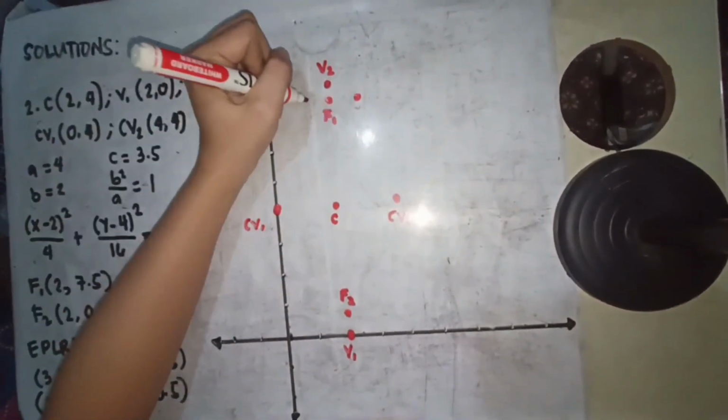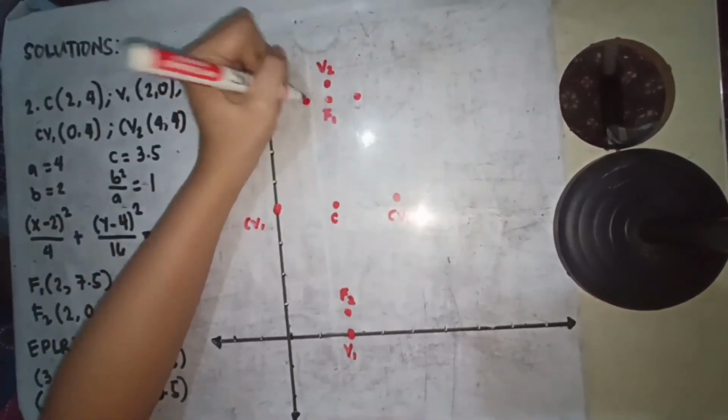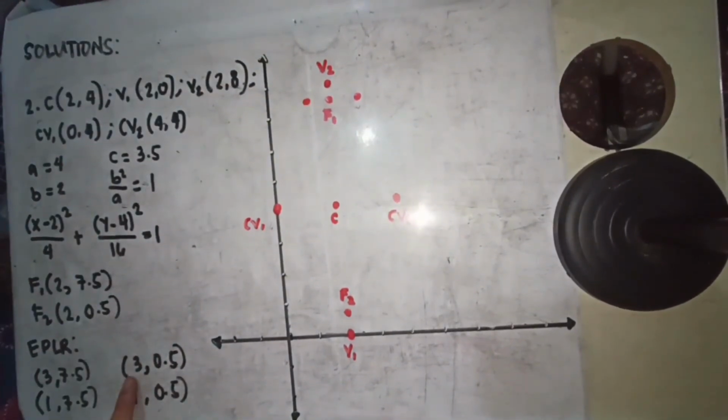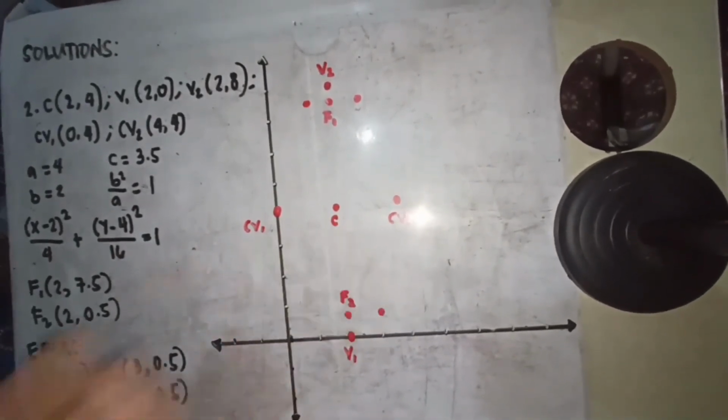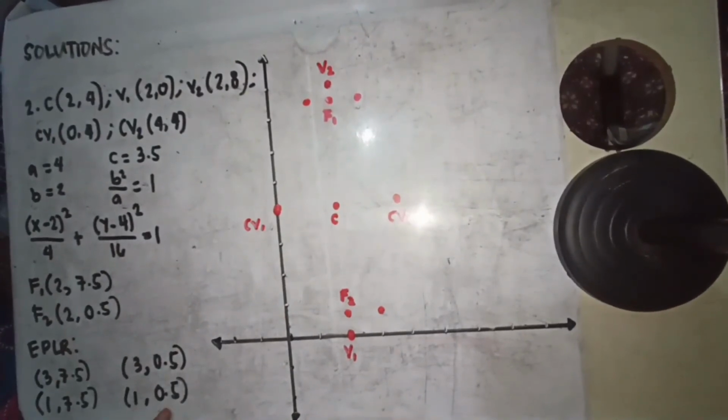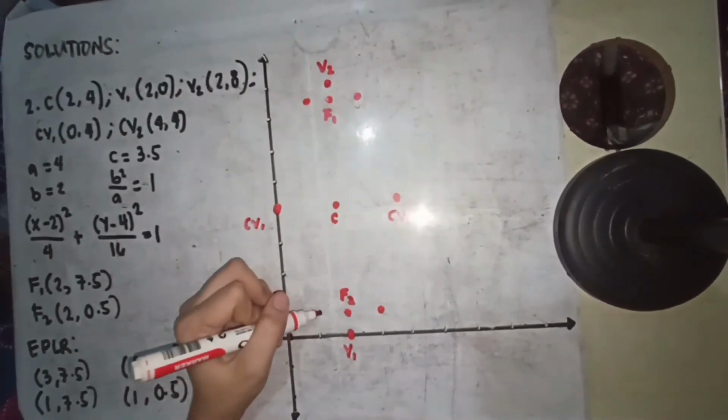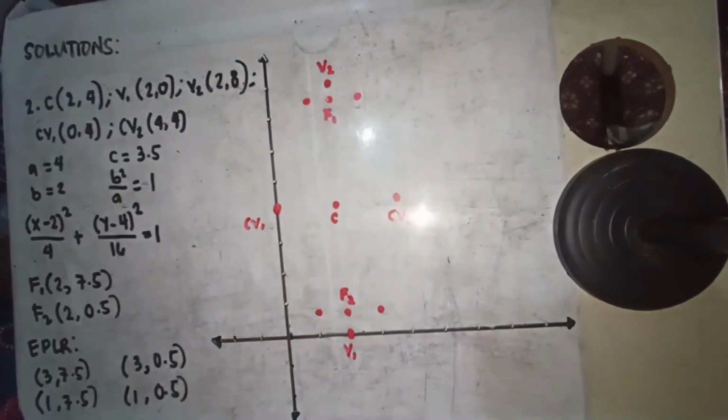So, 1 and 7.5 naa diri. And then we also have 3 and 0.5. So 1, 2, 3 and 0.5 kani. And then we also have 1 and 0.5. So 1 and 0.5 kana. Okay, so kompleto na ang points.